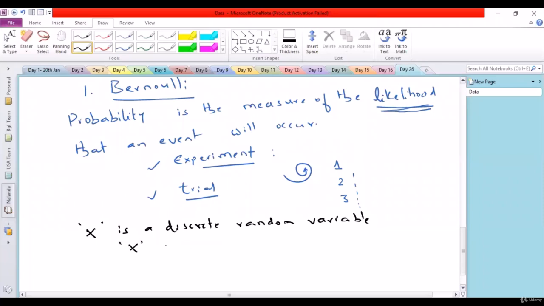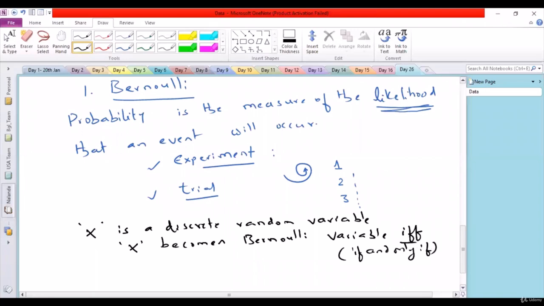X becomes a Bernoulli random variable if and only if, this is what it means. This is the mathematical way of representing the information.